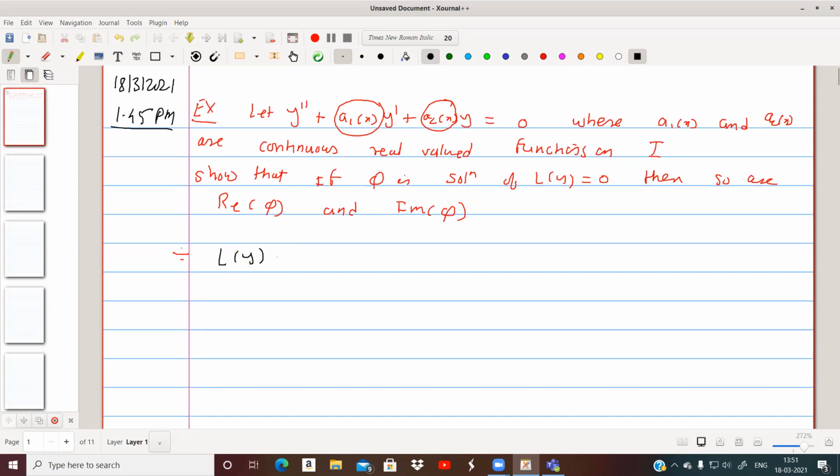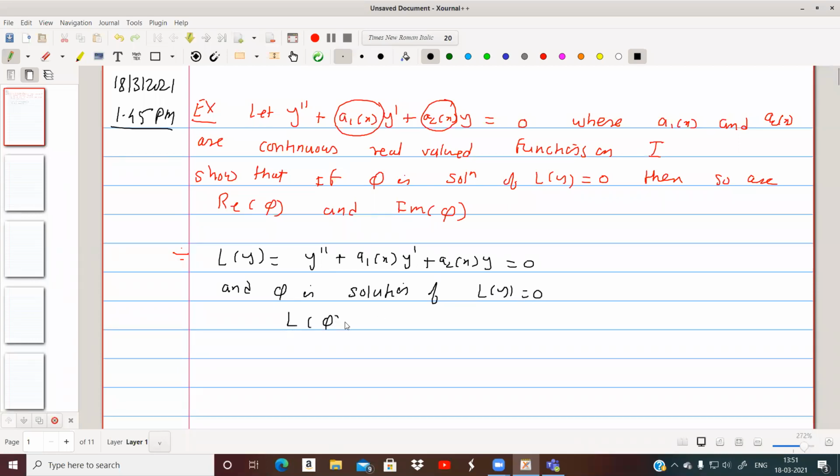So let L(y) be y'' + a1(x) y' + a2(x) y = 0, and phi is a solution of this.